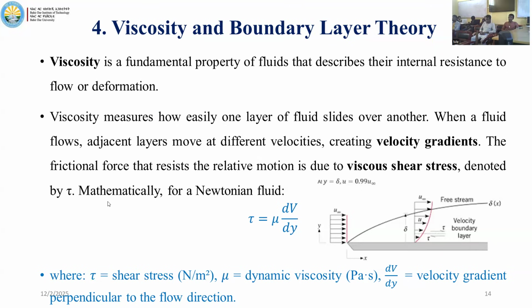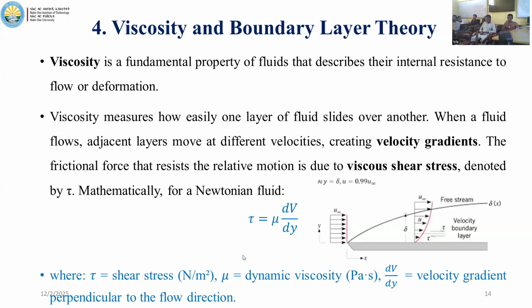That shear force is mathematically related to the dynamic viscosity and the velocity gradient: dynamic viscosity times velocity gradient gives you the shear stress. So tau of the fluid equals mu times dv over dy. That is from the movable and fixed plate experiment in your fluid dynamics course.